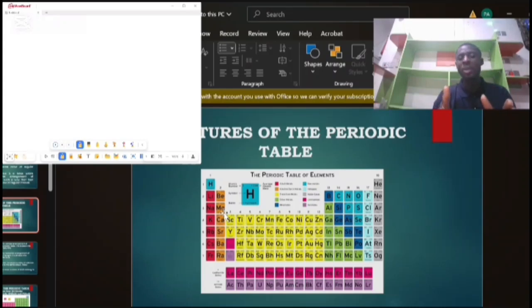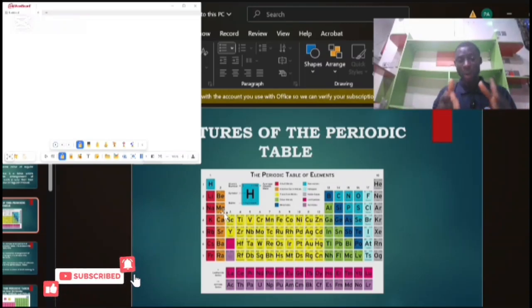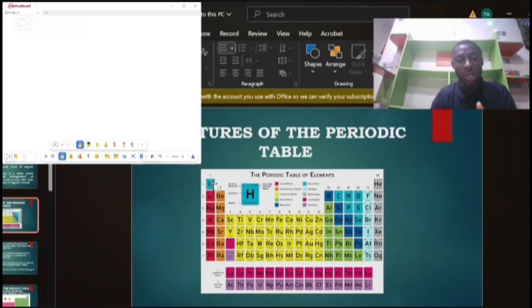All the elements in group 1, from hydrogen to lithium to sodium to potassium, down the group, have properties that occur at regular intervals, which is the reason why we place them in the same group. They have the same valence electron, which I call the last electron. The last electron in all these elements is 1, and that is their property.